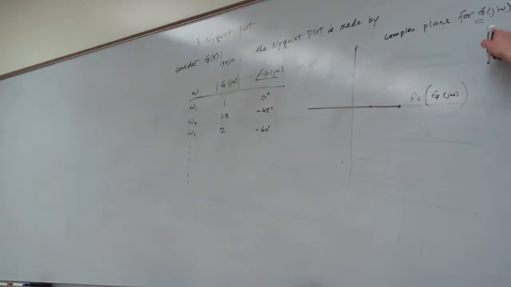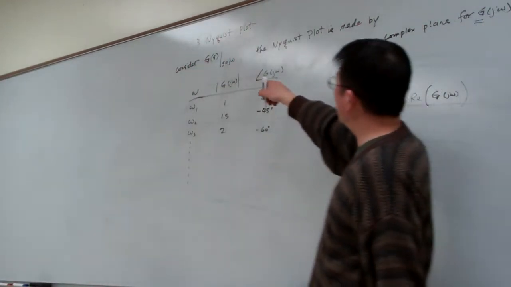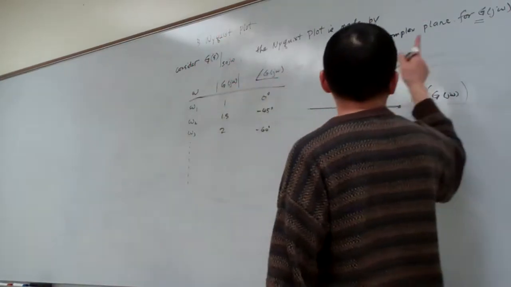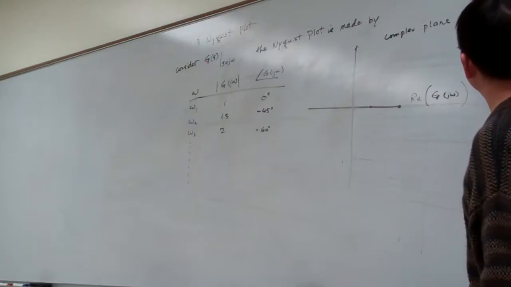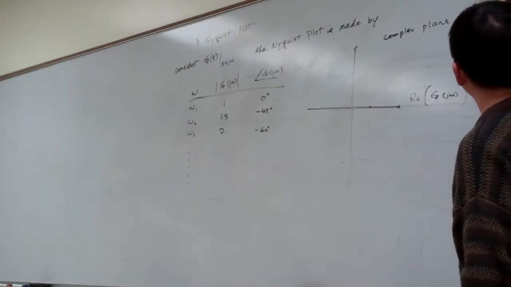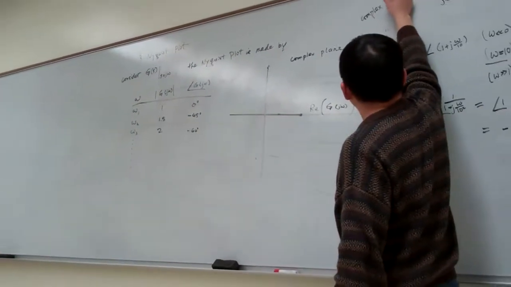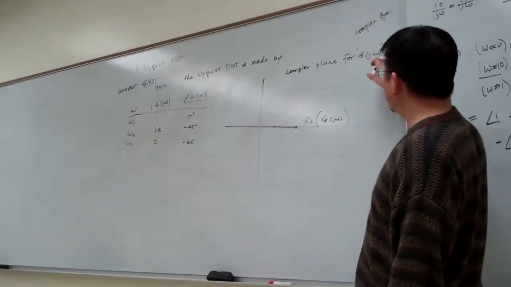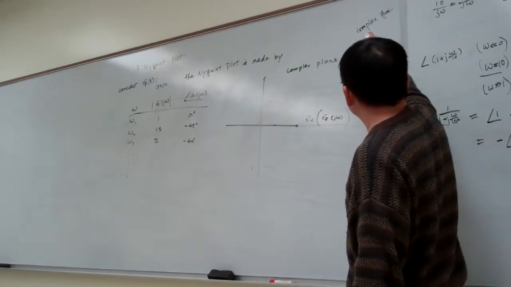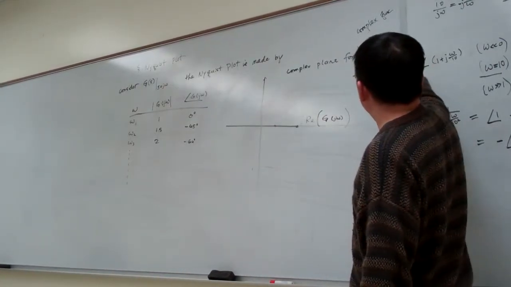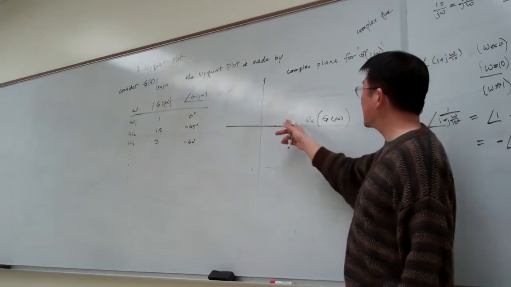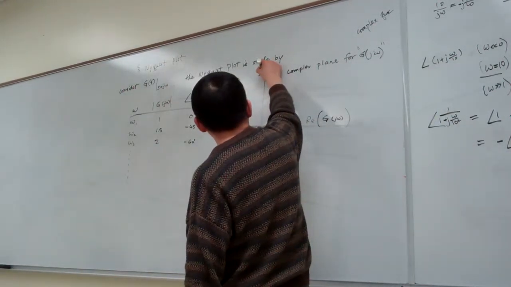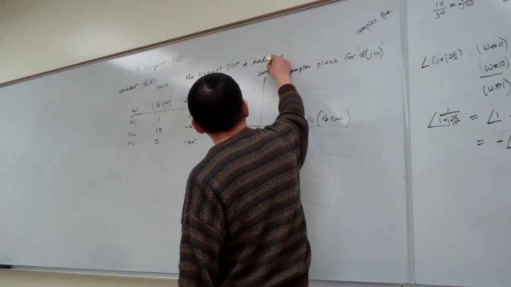When we introduce complex numbers as the argument, we are dealing with complex functions. A complex function will always be represented in a complex plane. This is the imaginary part of G J omega.